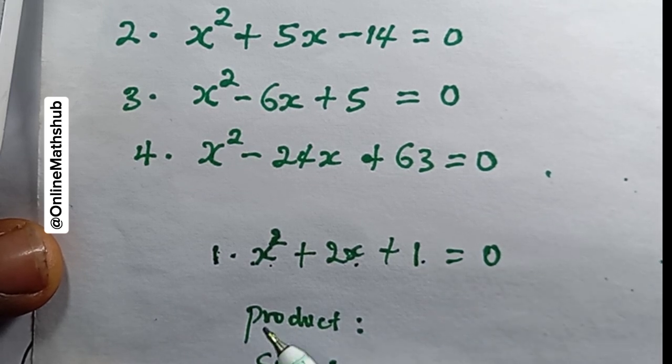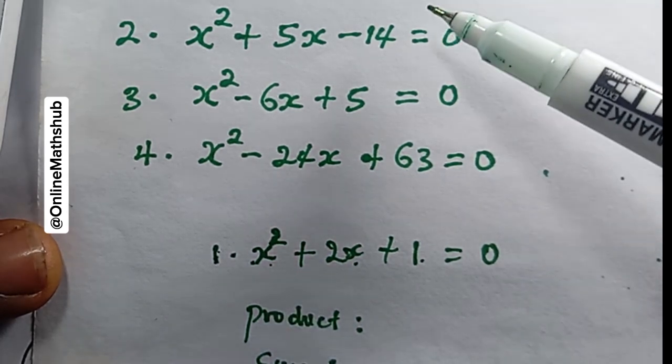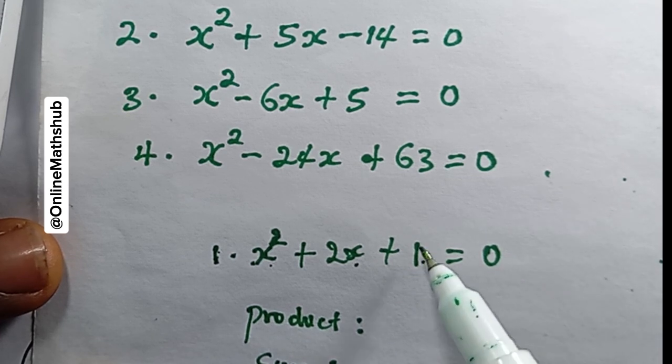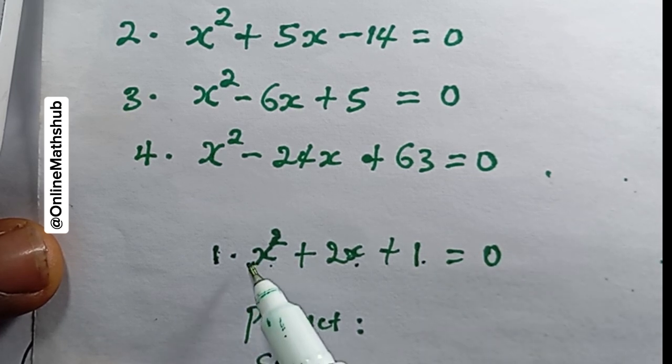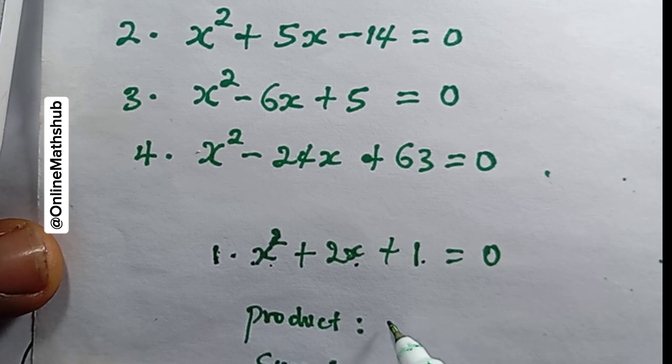In this case, the coefficient is 1, and of course it is the same for the other questions up there. Since the coefficient is 1, even if you multiply 1 by 1, it will still remain 1. If the coefficient is not 1, you use it to multiply this constant, and whatever you have, you write it under product.